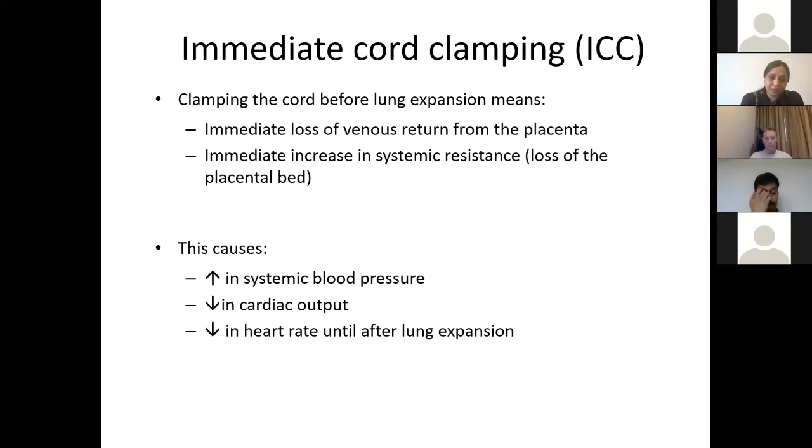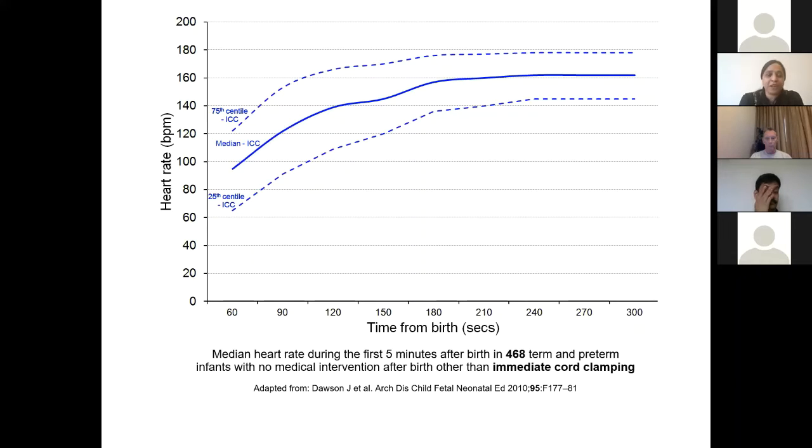They have a drop in their heart rate till their lungs start reopening. For the vast majority of babies, they kind of get on with it. But for those babies that are already in trouble, which have been compromised for whatever reason, or preterm babies, for example, this might make it a bit more difficult for them to transition smoothly.